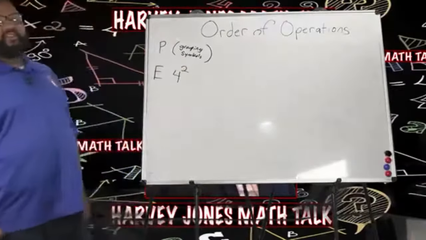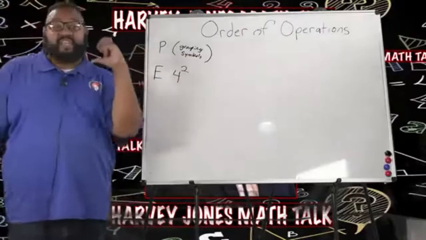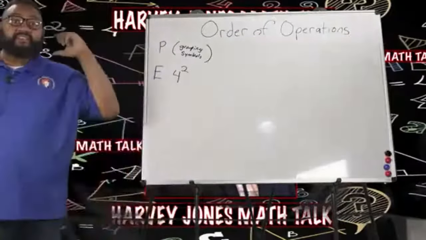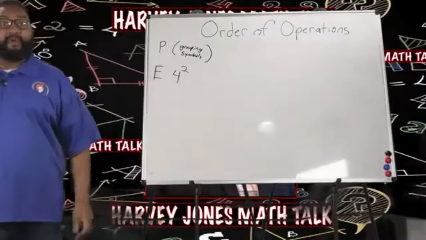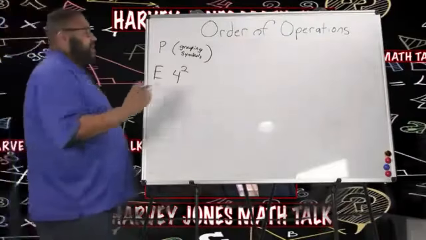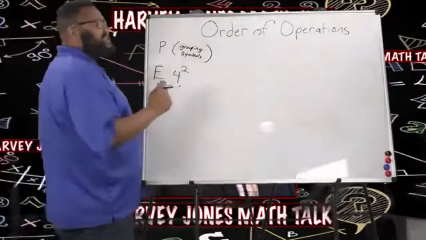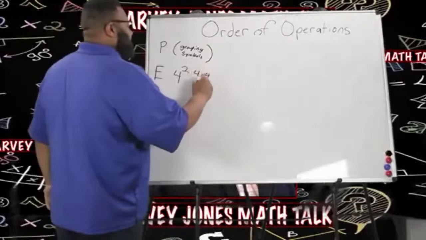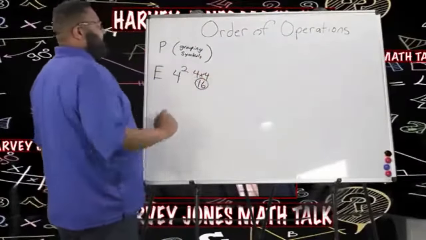That's all an exponent is. I call it the little cha-cha man. Slide to the left, slide to the right, crisscross. He tells him what to do. He tells him to multiply 4 how many times? 4 times 4, which gives us 16.